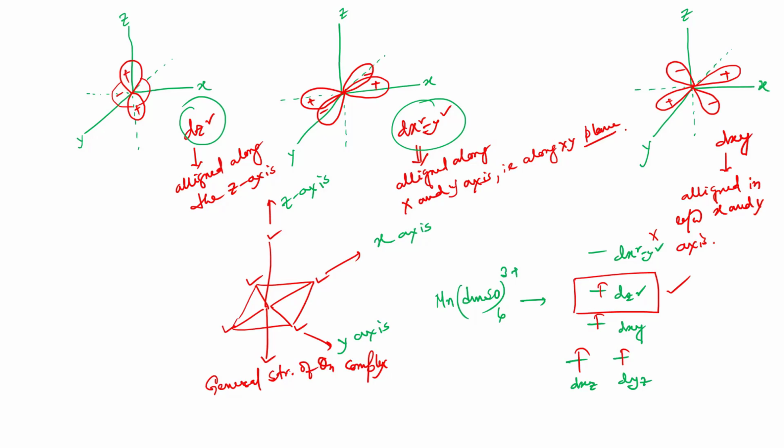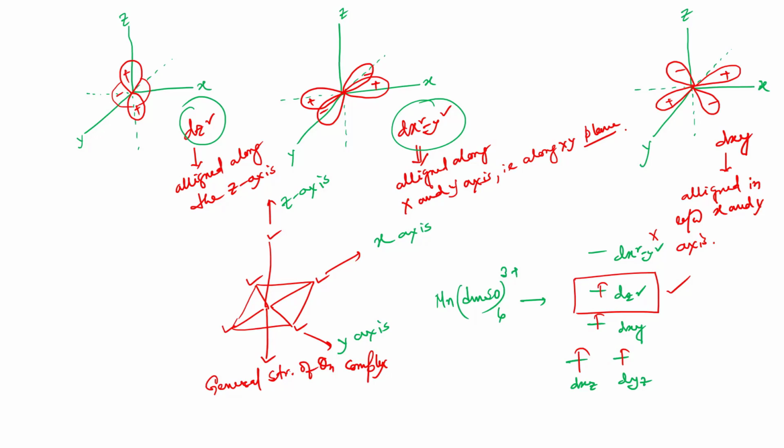Thus, the ligands will face much higher repulsive interaction when they are coming through the z-axis, since there is an electron in the dz square orbital, than the ligands coming along the x and y axis.